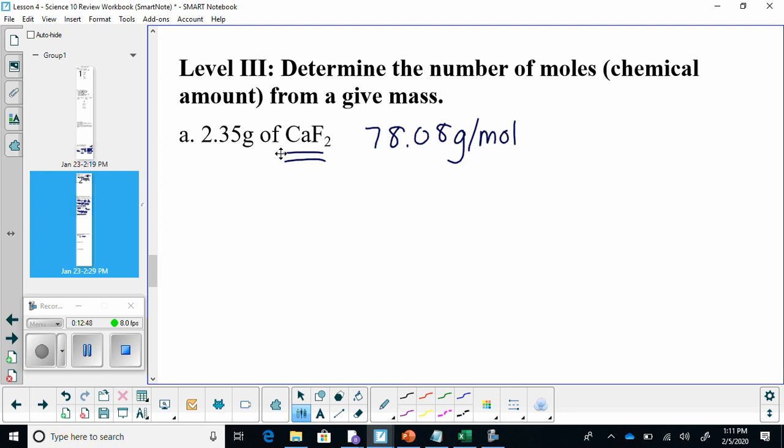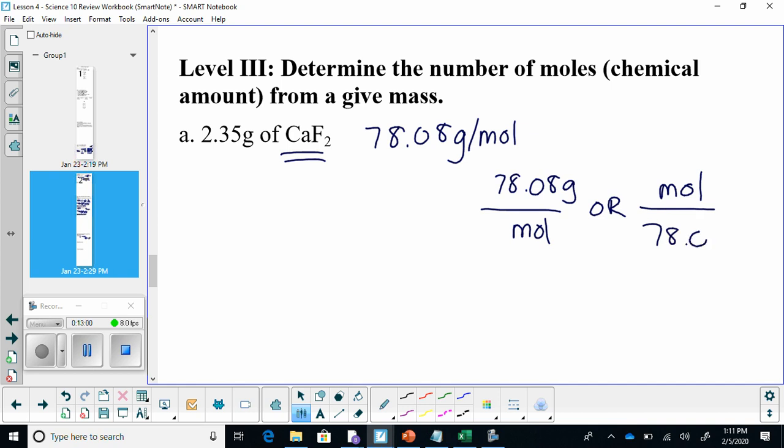Okay? Again, this can be represented as a ratio. So we have 78.08 grams per mole, or we have moles over 78.08 grams. Okay, those are the two possible ratios.